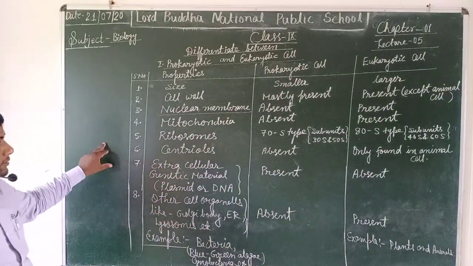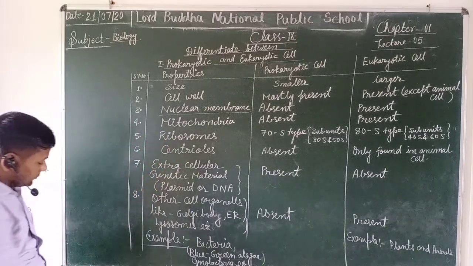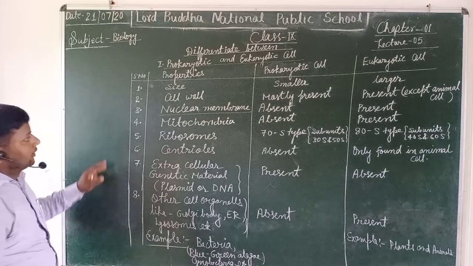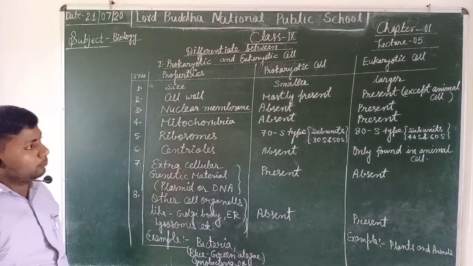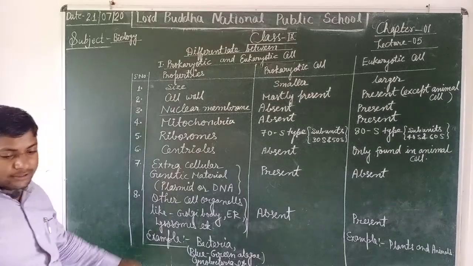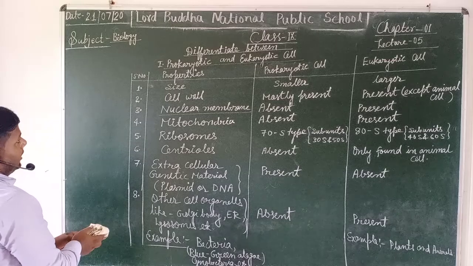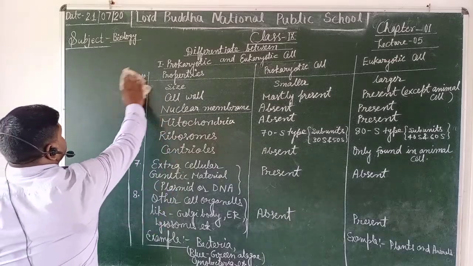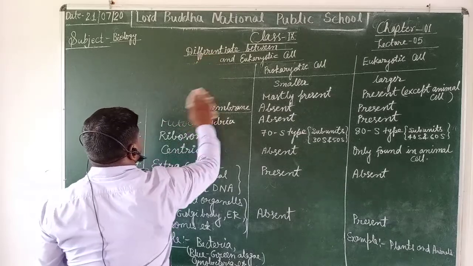Thus, students, I am sure that you will be able to know about the differentiating characteristics of a prokaryotic and eukaryotic cell. Now we will discuss our today's next topic, the plant and animal cell.